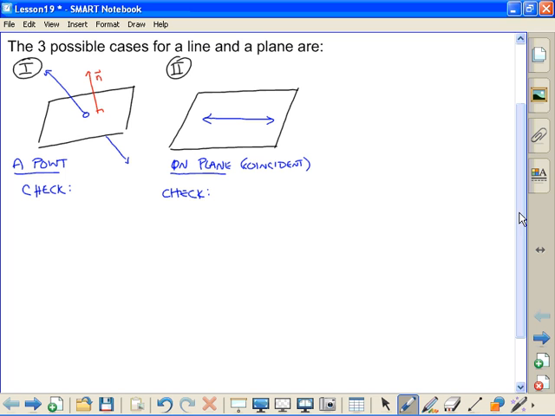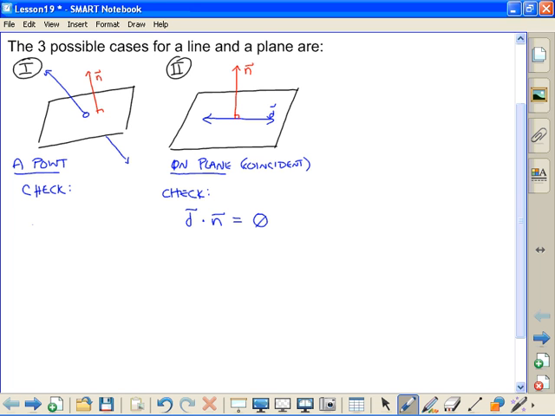So again, I said the normal is perpendicular to the plane. So if we know the normal for the plane, and we know the direction vector for the line, and they are perpendicular to each other, so if it's on the plane, and we took the dot product of the direction vector and normal, we would get a zero value.